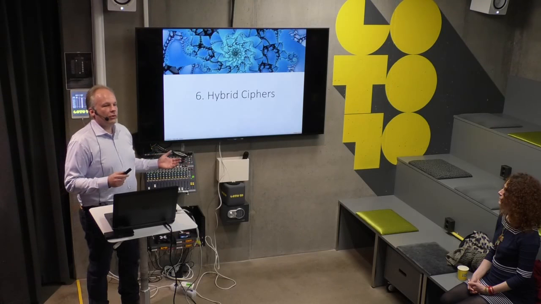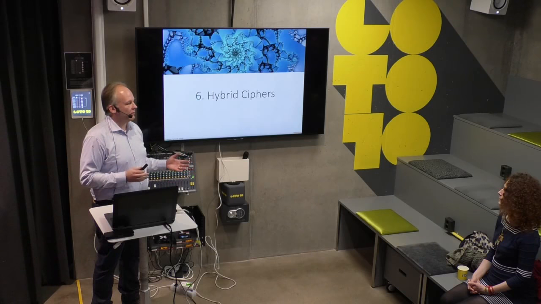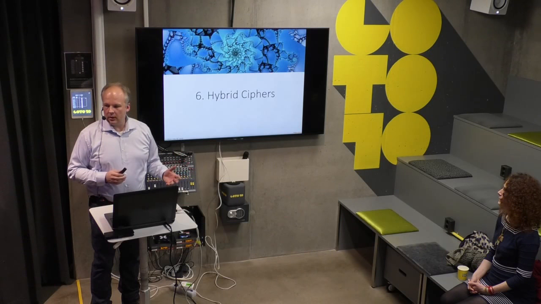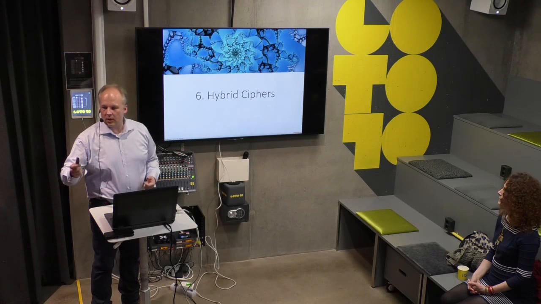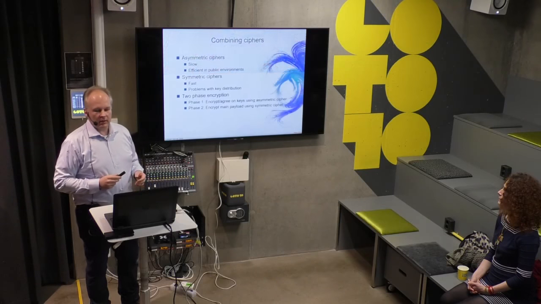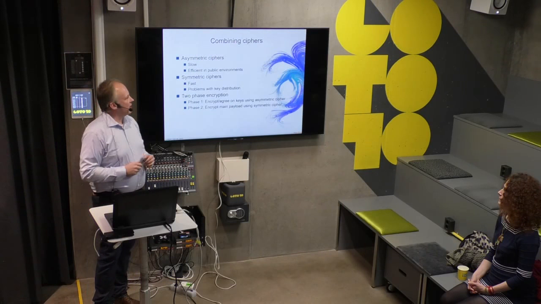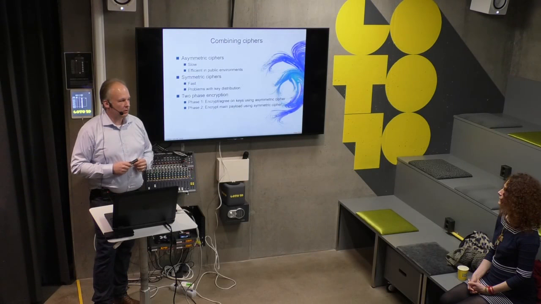So the key to creating a good cipher is to know how to combine different algorithms. In communication, you don't choose just one algorithm. You choose a sequence of algorithms and create a hybrid cipher. And this is where your choice of security level is important.